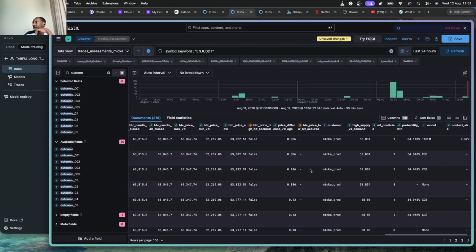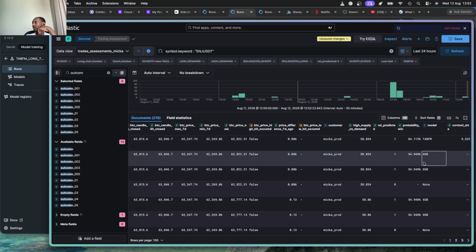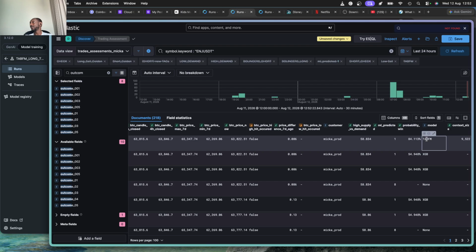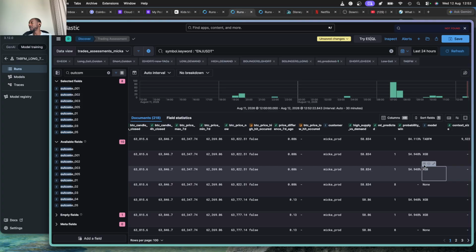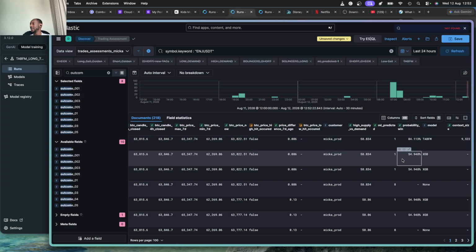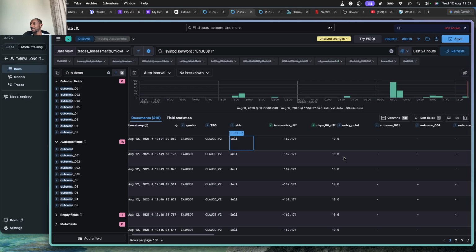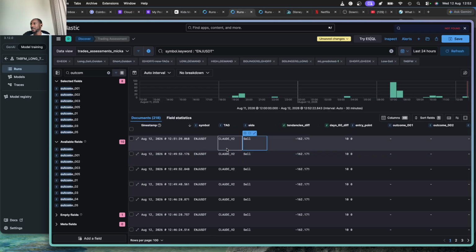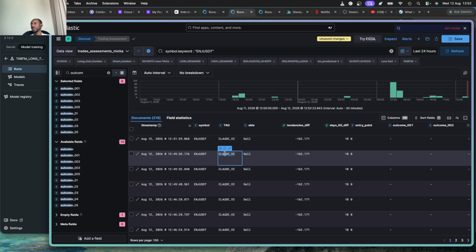I just want you to pay attention to the model that is used. We've got XGB versus TabFM. I'm running both of them concurrently so we can tell which one is better, just saying the truth. XGB is the same algorithm. I've also got an algorithm called Claude V2, which I ran through some Claude pipeline to get some insight from.